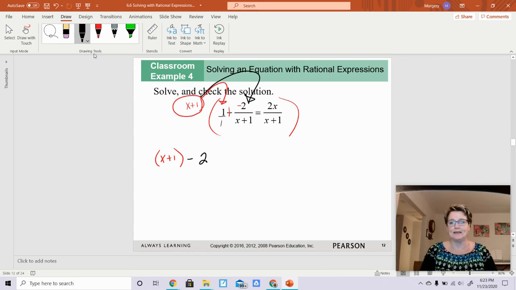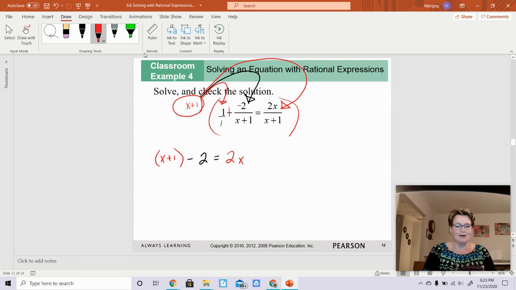Equals. Again, I'm going to multiply it by this last term. x plus 1 divided by x plus 1 is 1. 1 times 2x is 2x. Now, combine all 3 things.